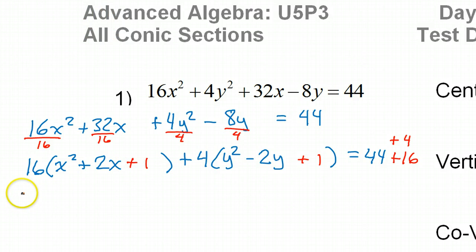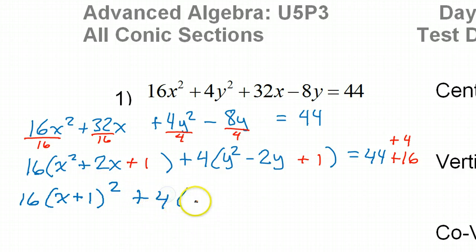Now, this is going to factor as x plus 1 squared. And this is going to factor as y minus 1 squared. Notice the sign comes from the middle term. The middle term is negative, so this will be negative.